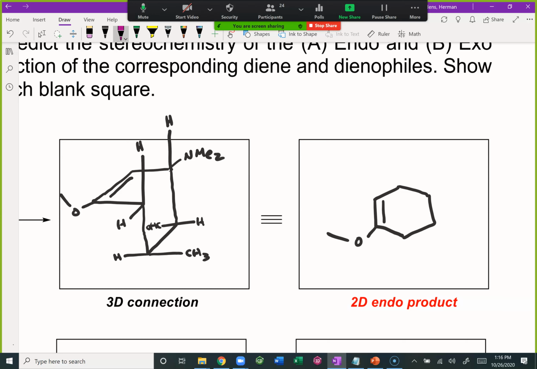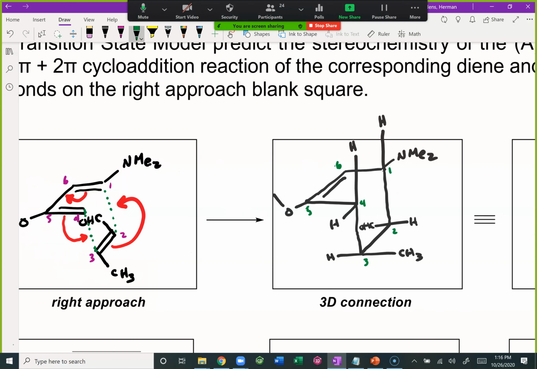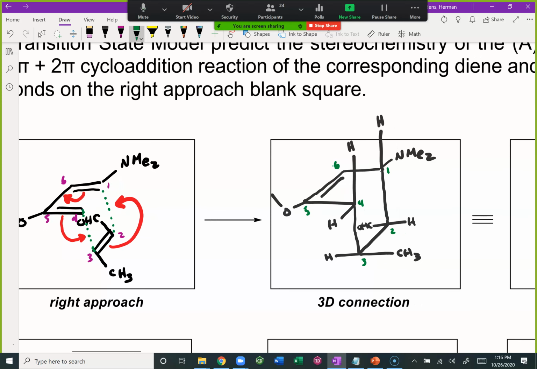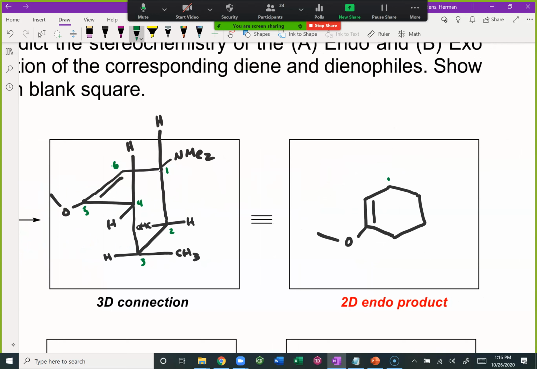And if I label these carbons, that'll be 1, 2, 3, 4, 5, and 6 there. Kind of like I was doing there in purple on the left side. And so I can label them here. So it will be 1, 2, 3, 4, 5, and 6. So keep track of your numbering. That's really important.